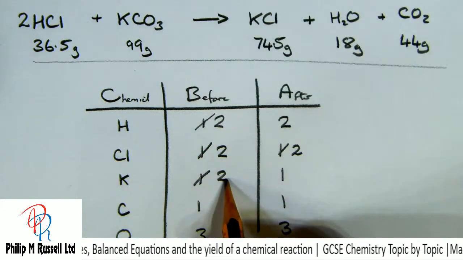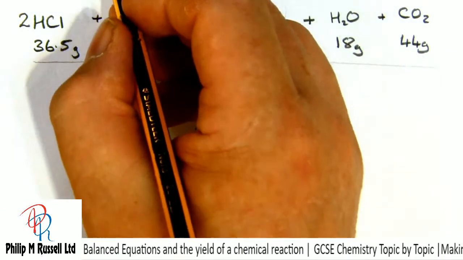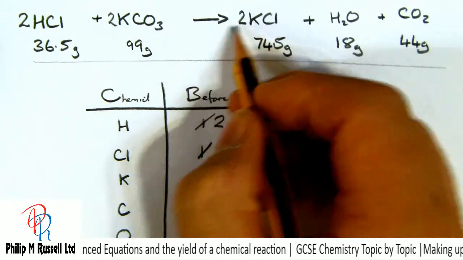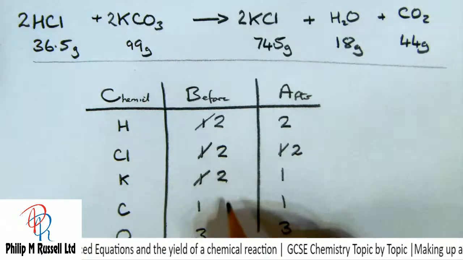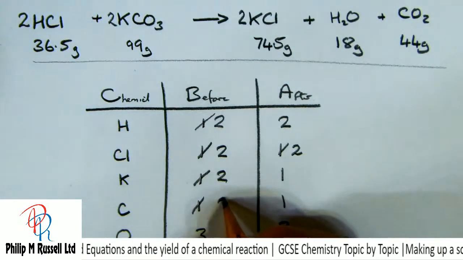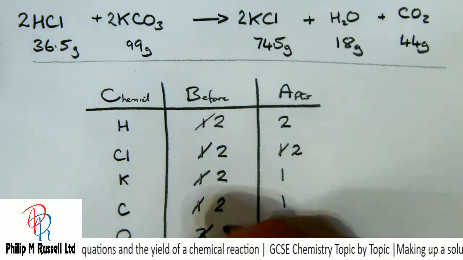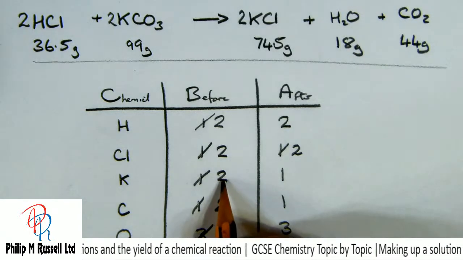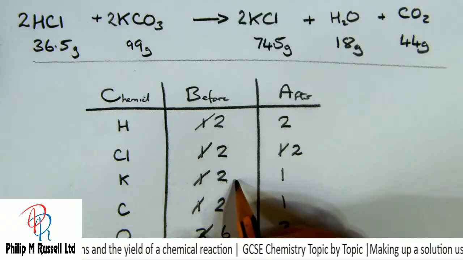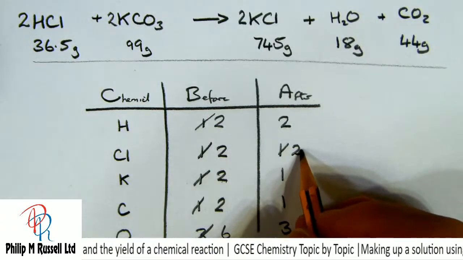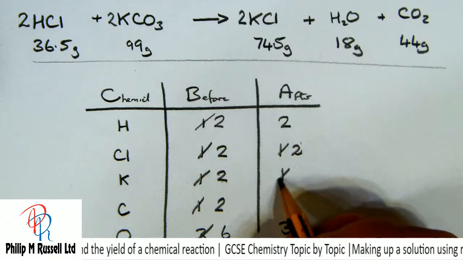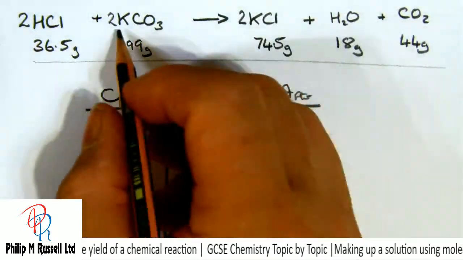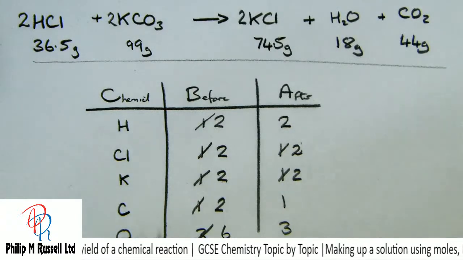If I'm going to have 2 of those, then I've got to have 2 carbons and 6 oxygens. If I've got my Cl here with 2, then I am going to have my 2 Ks. So that appears to be balanced at the moment.